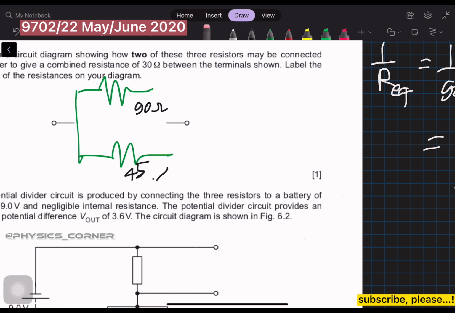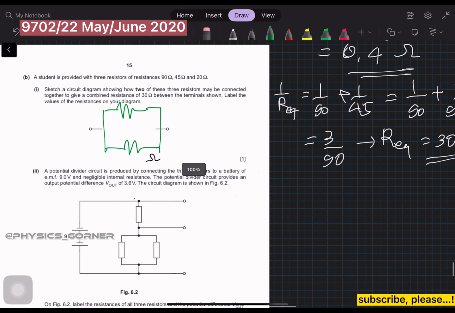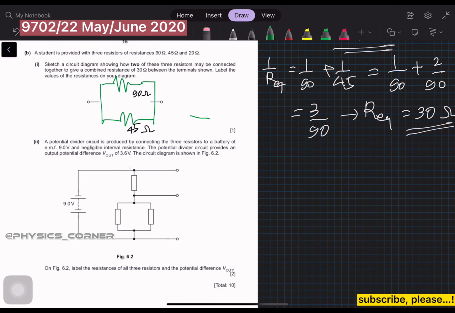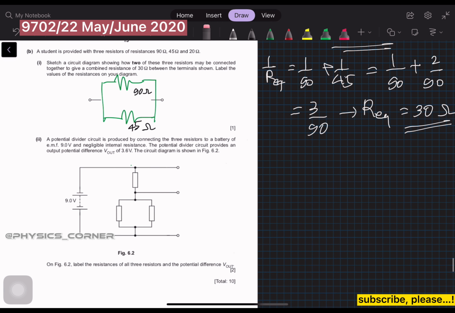Okay, done. Because after I calculate, the combination between 90 and 45 becomes 30 ohms.